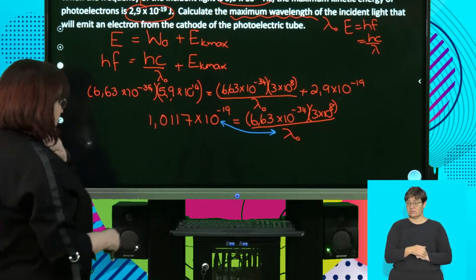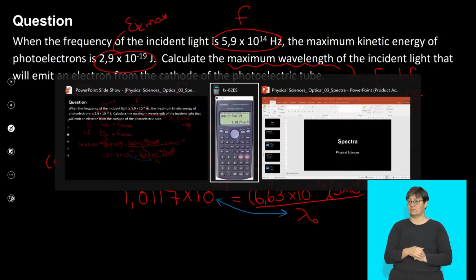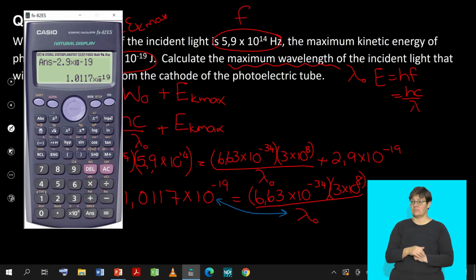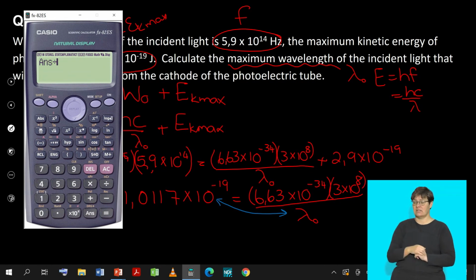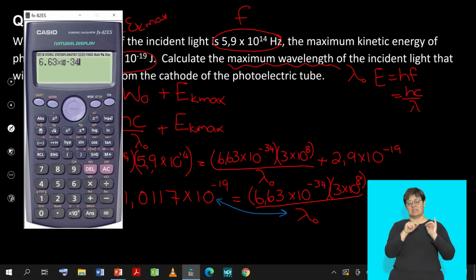Apparently I can't use it that way, so we're just going to type it all in. 6,63 times 10 to the minus 34 times 3 times 10 to the 8.